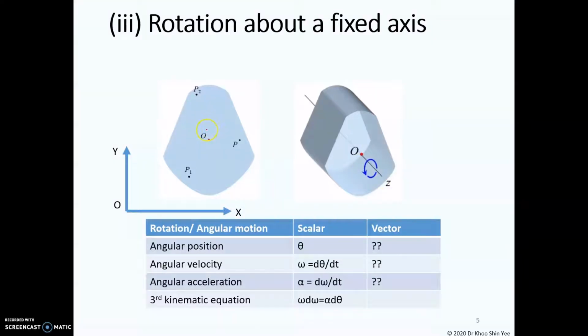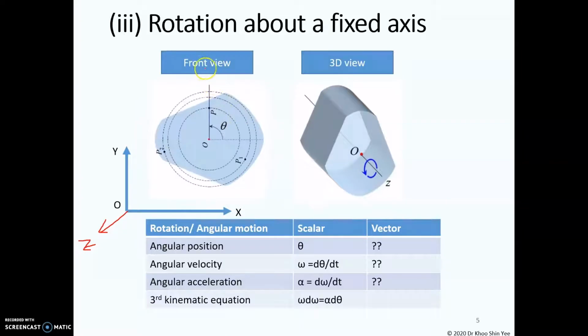If you look at the rigid body from the front along the z-axis, you will see the rigid body is rotating in the xy plane. So this is your front view and 3D view. In the front view, you see the point in the rigid body rotate with angle theta. The theta symbol here means the angular position or the angular displacement.